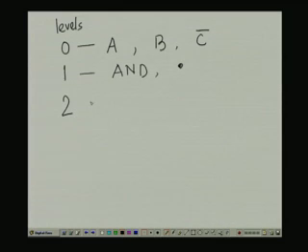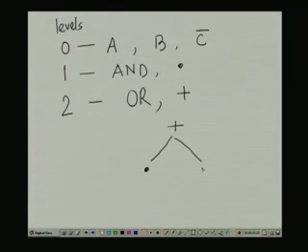In the second level, as if OR gates are there, that means plus. It can be not always 2 branches, it can be more. Say these are my literals.